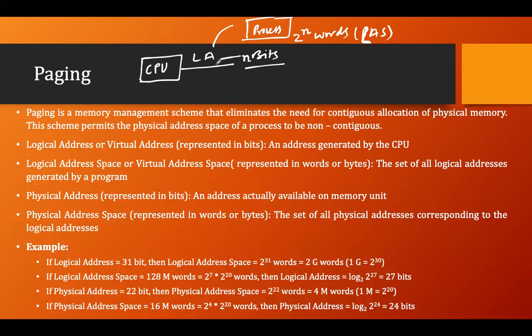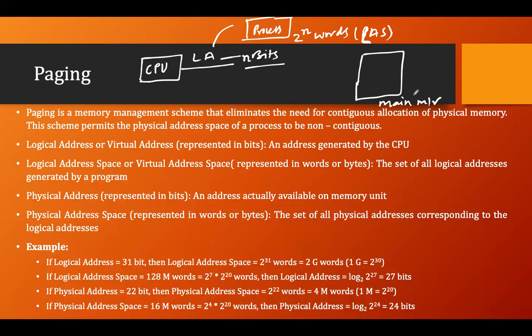Now, whatever logical address the CPU generates is for the process, right? But the CPU will get the bytes or the words from the main memory. That we all know, right?